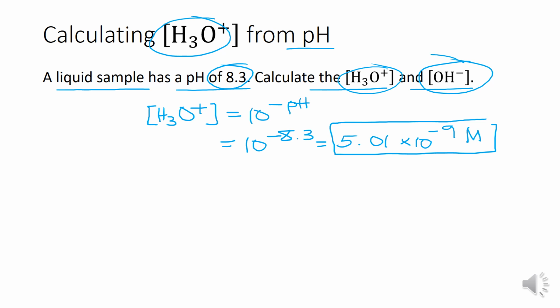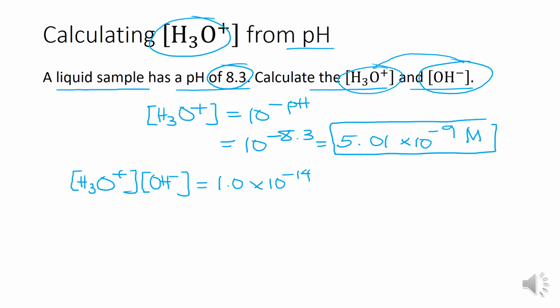from the concentration of hydronium ions using the same formula that we have been using. So the concentration of hydronium ions times the concentration of hydroxide ions is equal to 1 times 10 to the negative 14.